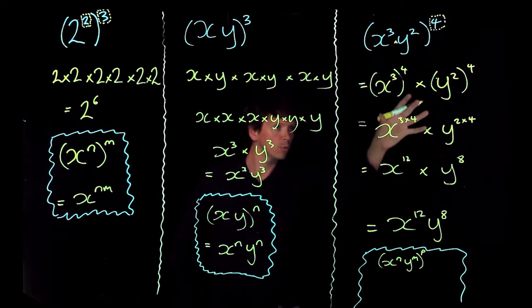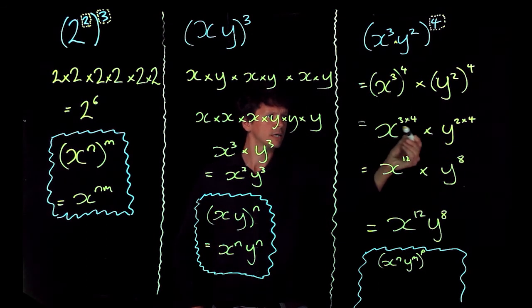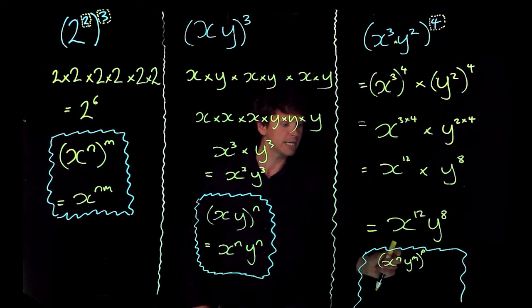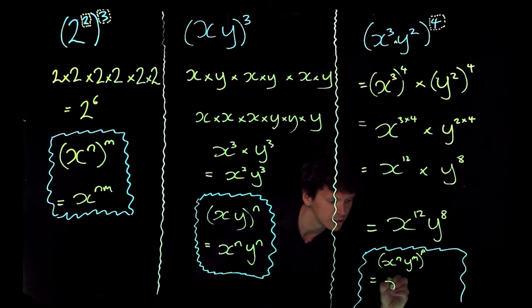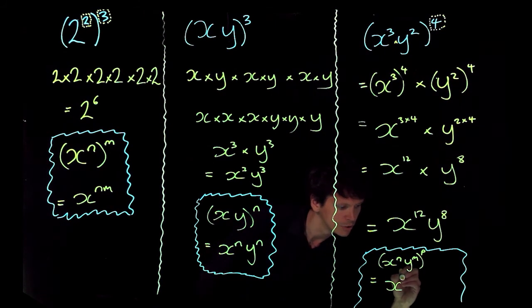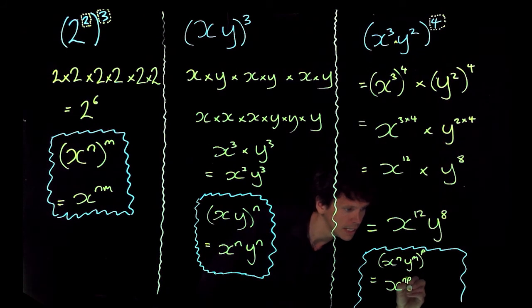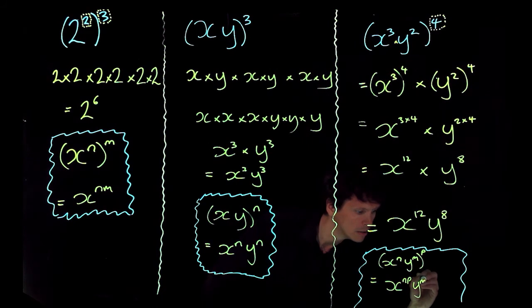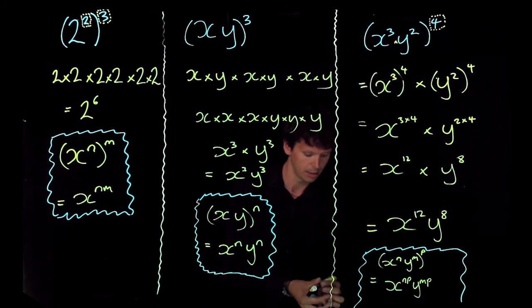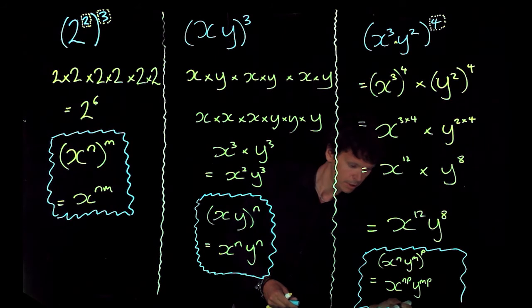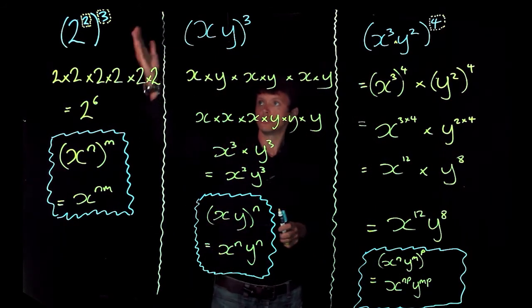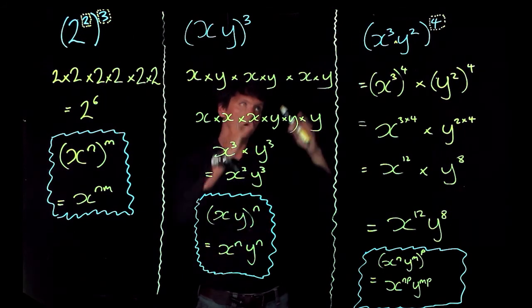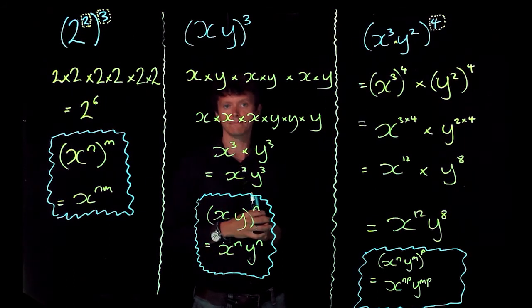Therefore, we know from what we've just done here, we're going to apply that power of p to each term individually, which is going to give us x to the np, y to the mp. That is how we raise a power to a power, and even when we do it with a product.